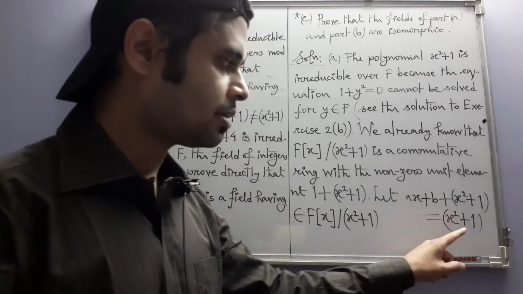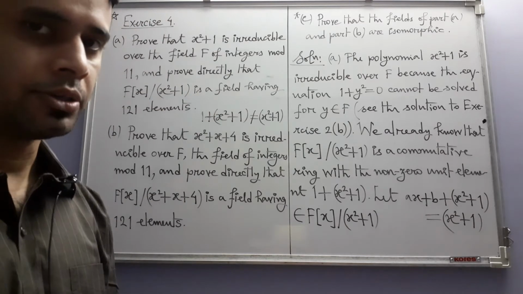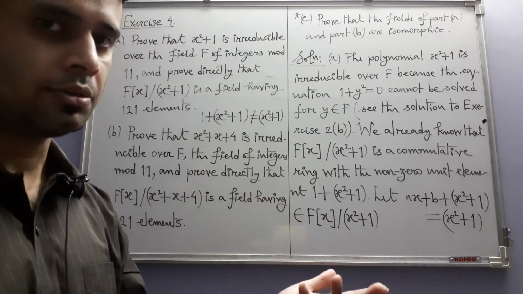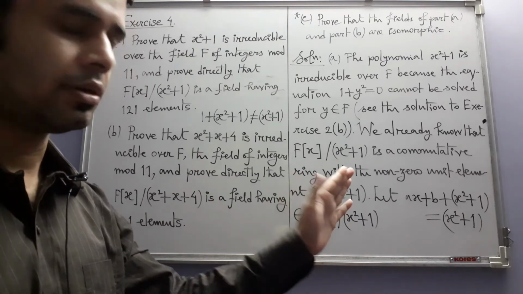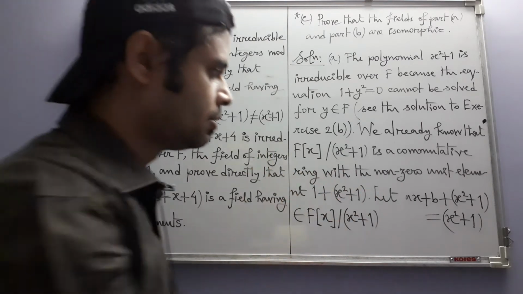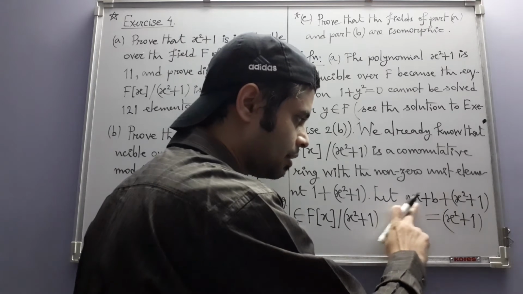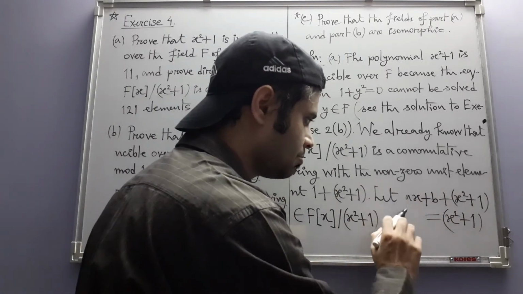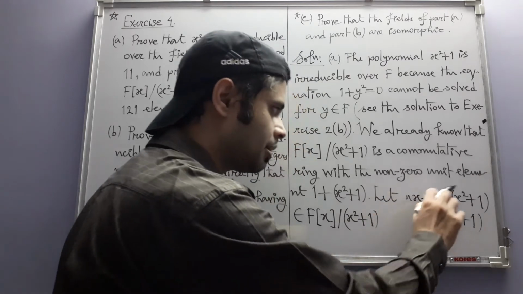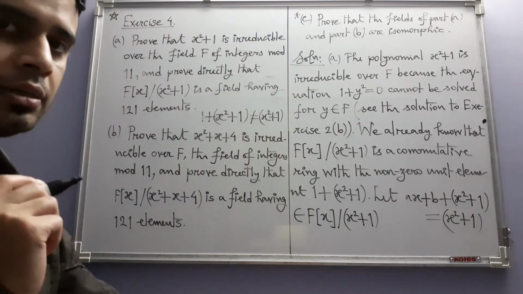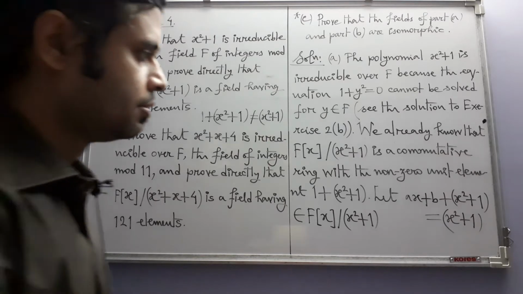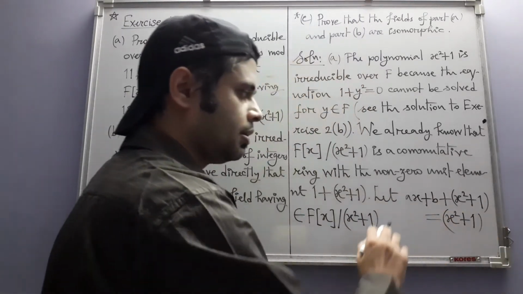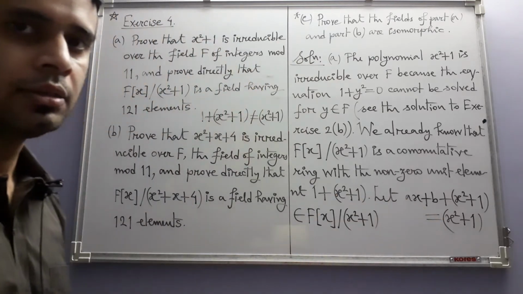Now if that multiple is by a non-zero polynomial, then the degree of that multiple will be at least 2. So that can never be this polynomial. So the only possibility that this polynomial be in this ideal is when it is equal to 0. So this is equal to this if and only if both a and b are 0.